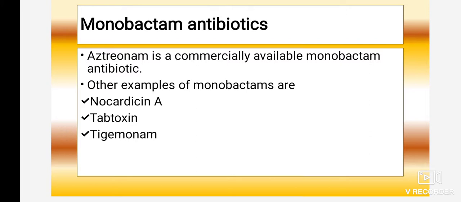There are some other examples of monobactams which are not as important as aztreonam, but examples like nocardicin A, tabtoxin and tigemonam are also important drugs having antibacterial activity. So the first important drug from this class is aztreonam, then nocardicin A, tabtoxin and tigemonam.